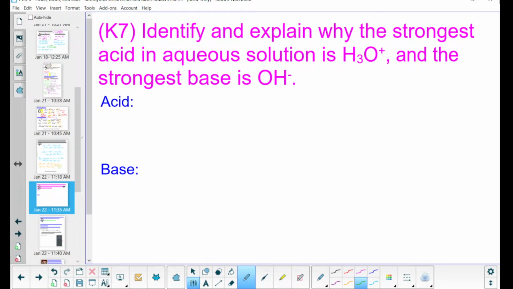Explain, and it's a fairly simple explanation, why the strongest acid in aqueous solution is H3O+ and the strongest base is OH-. If you have any acid and you react it with water, what do you get?